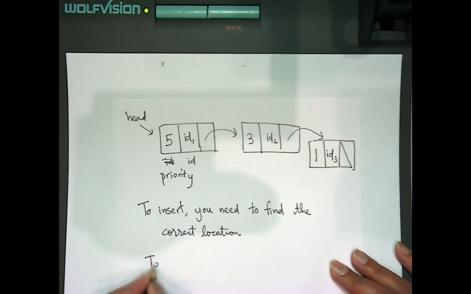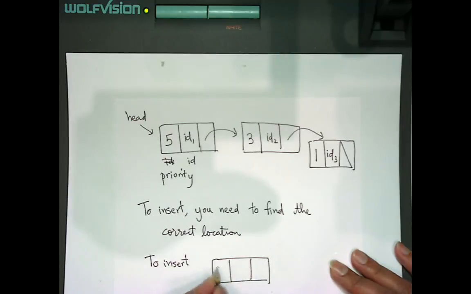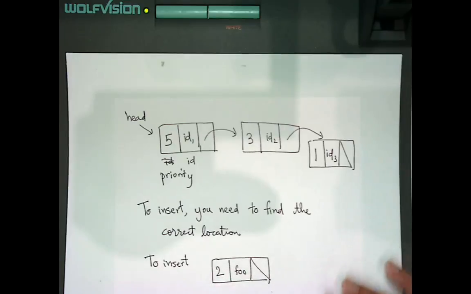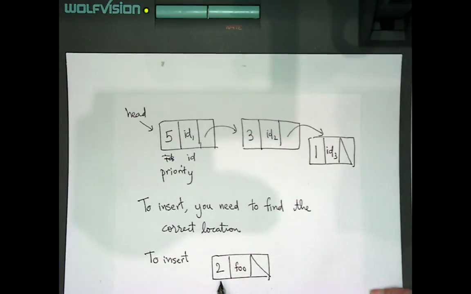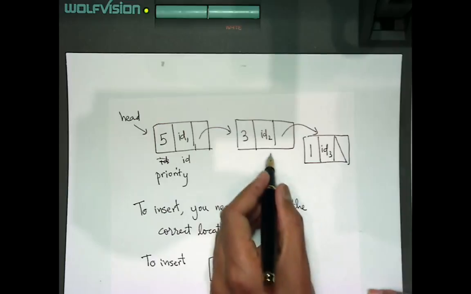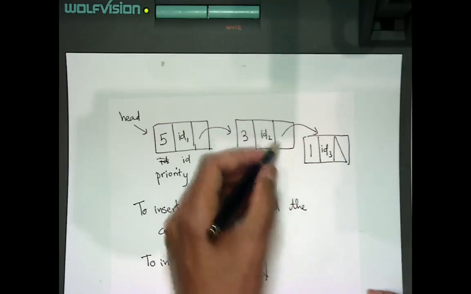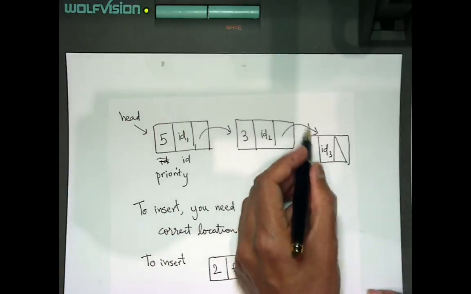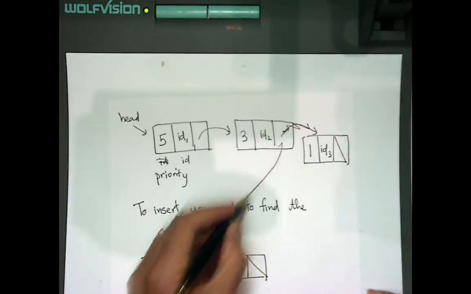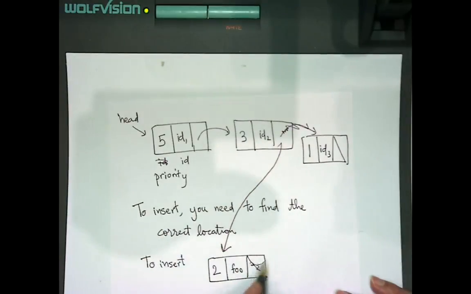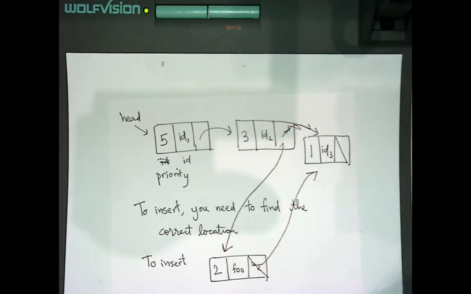So to insert, say, a job with priority 2, and this is some ID I'll just call foo, to insert this, that has to be inserted over here, right? So then once you insert this, you would have to modify the priority queue so that this points here, this points there. Make sense? That's how you would do the insert.